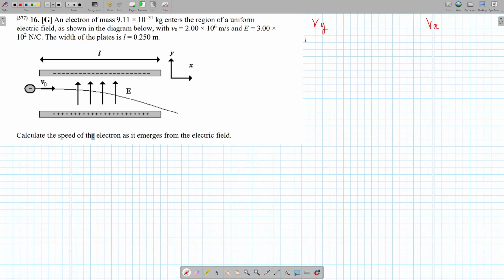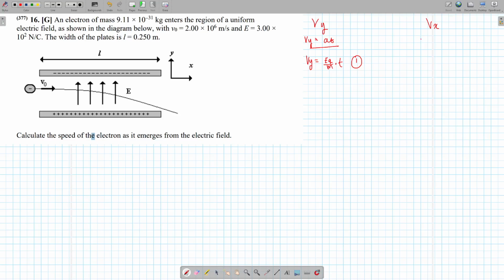Okay, always remember Vy is equal to at. Okay, are you gonna memorize this formula? No, you're not. Vy is equal to EQ over M times the time. Okay, this is what you should memorize.